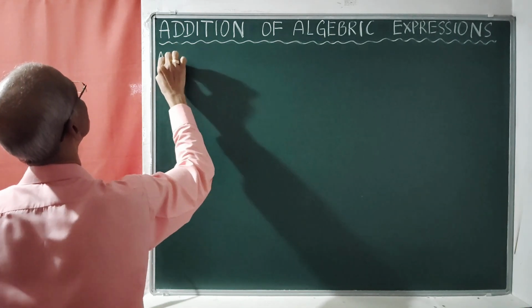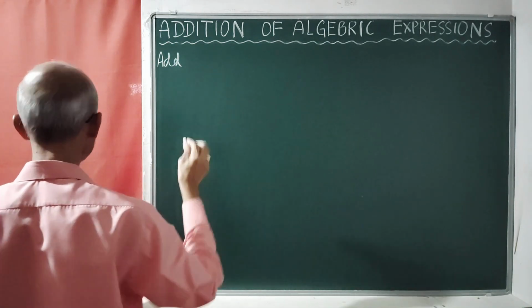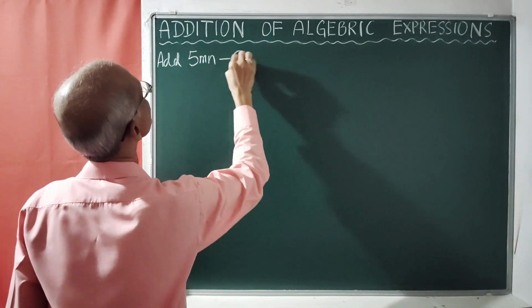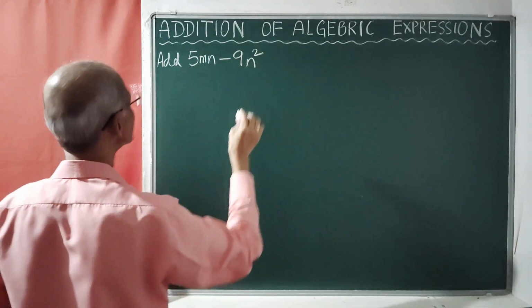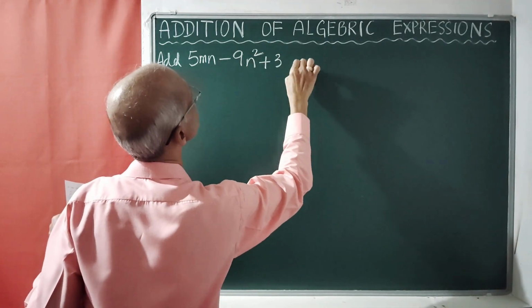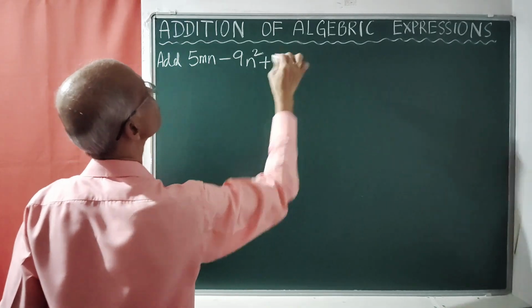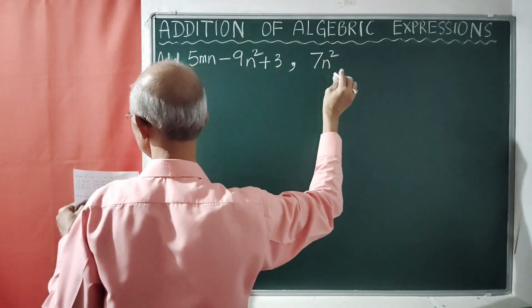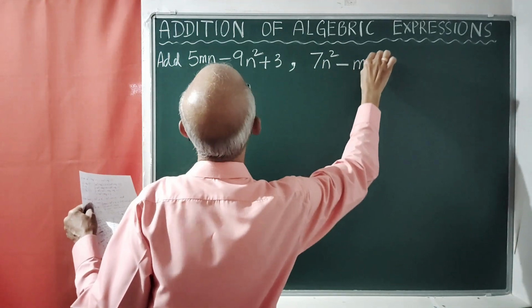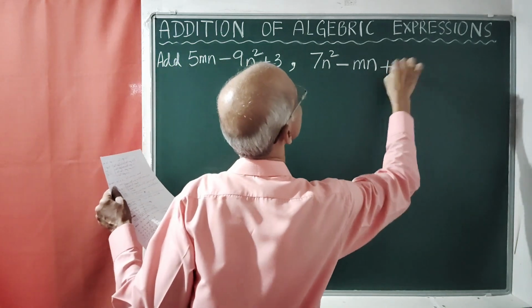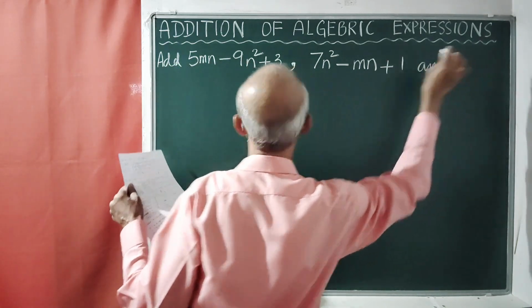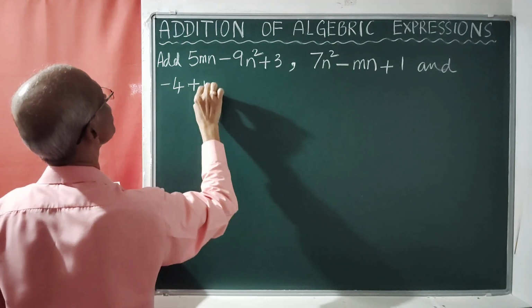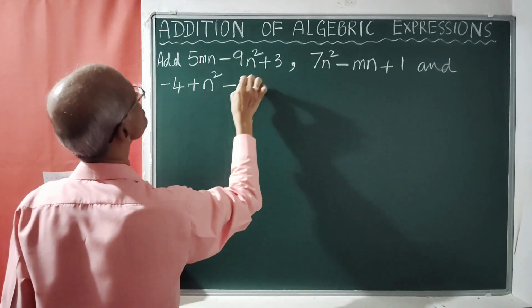Next sum, add 5mn minus 9n square plus 3, comma, 7n square minus mn plus 1, and minus 4 plus n square minus 7mn.